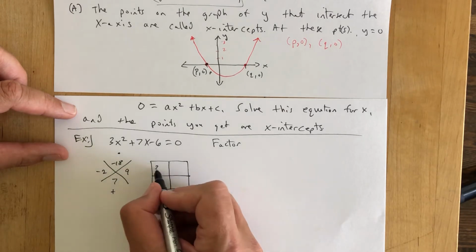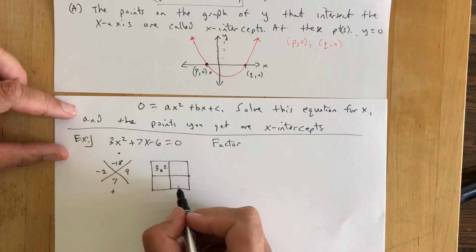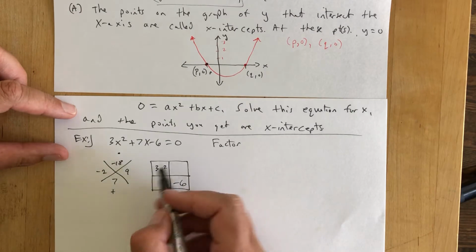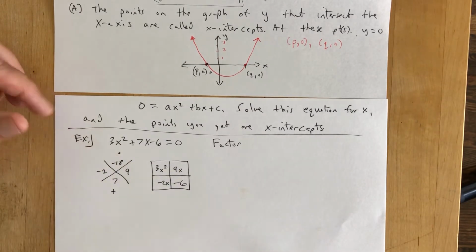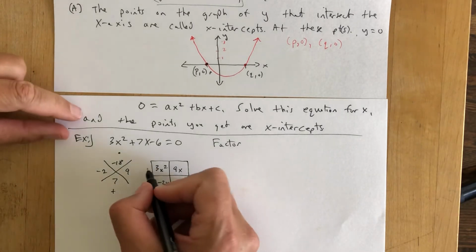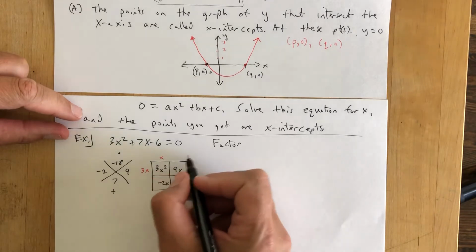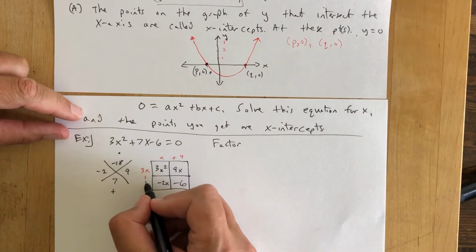The 3x squared goes here. The minus 6 goes here. The 9 goes here. And the minus 2 goes here with an x. And now we do this x box thing here. This is 3x and x plus 9 minus 2.